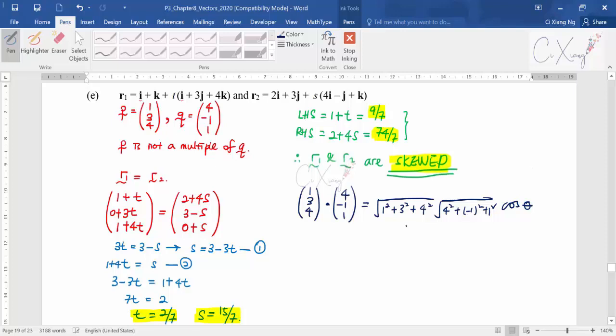If you continue from here, they are asking for an acute angle. So if your dot product gets a negative value, you just change it to positive straight away when you press the calculator. And then your final answer should be 76.6 degrees.